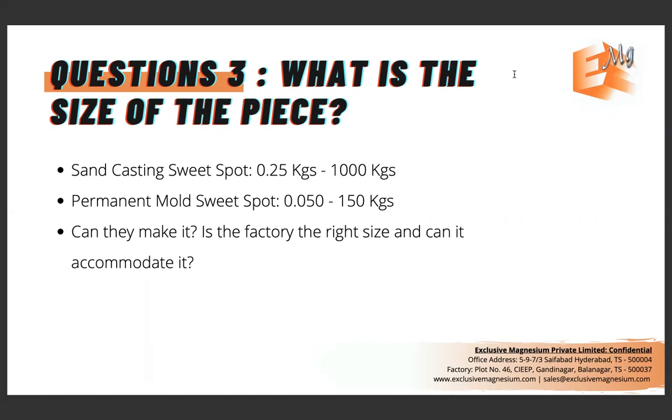For permanent mold, anything between 50 grams to 150 kilos is something that can be managed. And it's very important to have that conversation with your manufacturer, understanding whether the size you're talking about is something they can manage themselves. Is that a stretch for them?